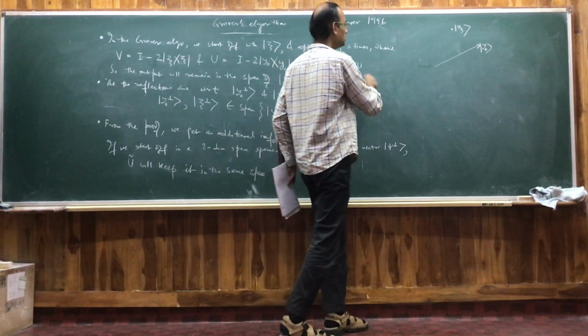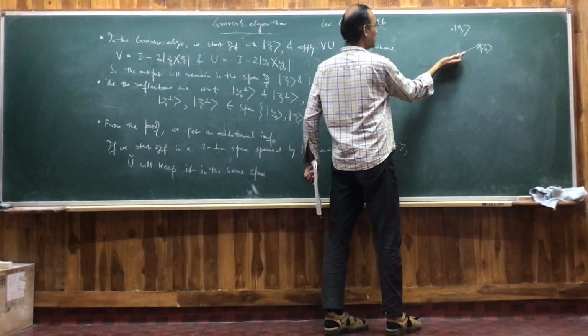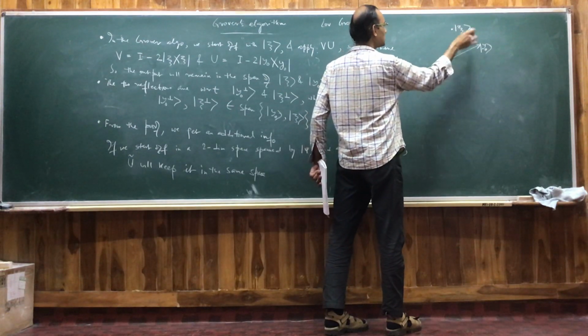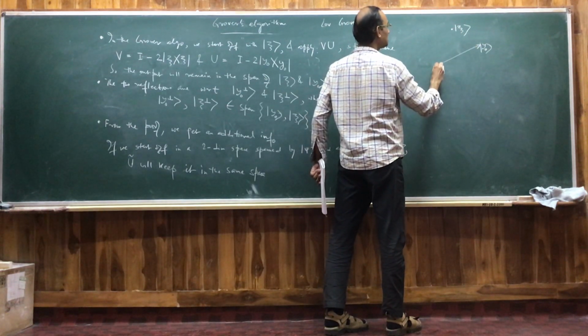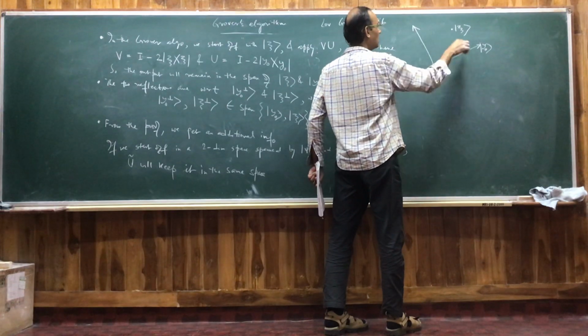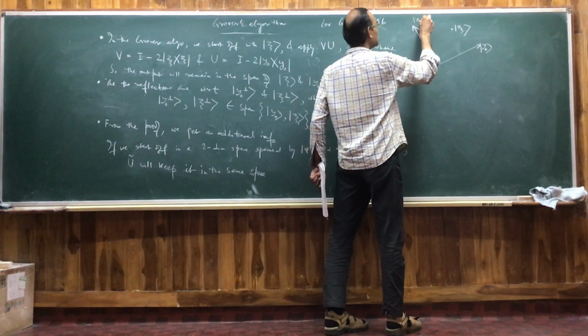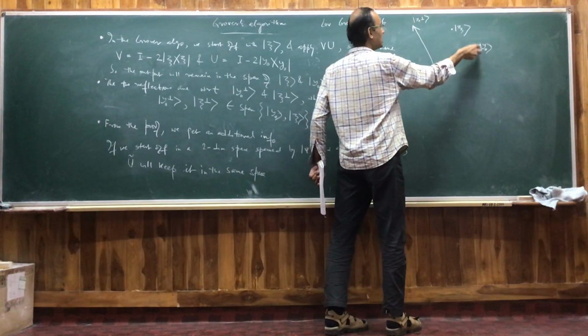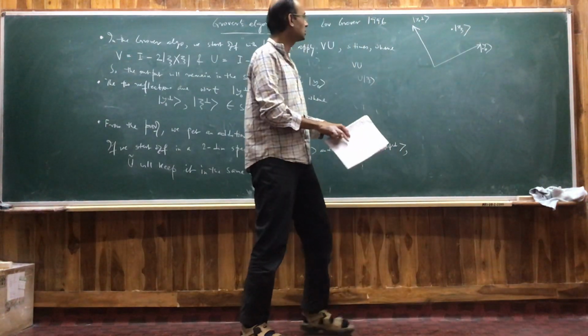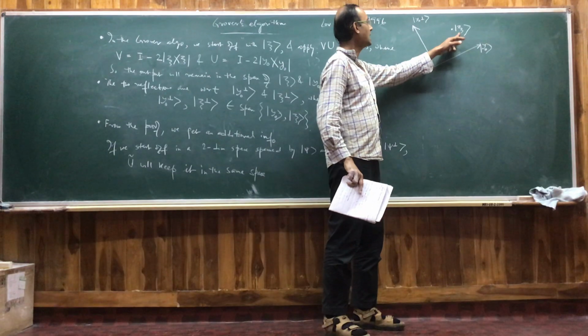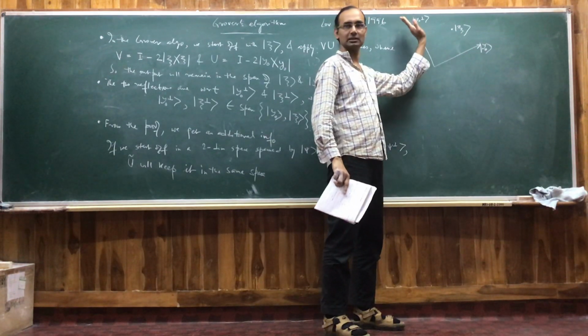So for the U, this is my vector, and I have to choose a vector that is in the span of these two. I have to choose the y naught perpendicular such that it is in the span of these two. Yes? Because I want to write this as a superposition of this and something else.